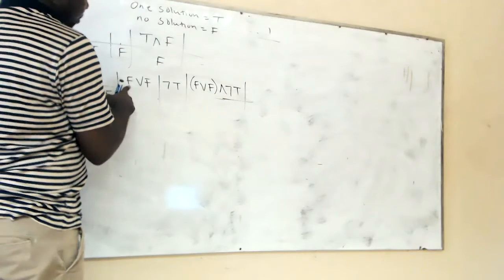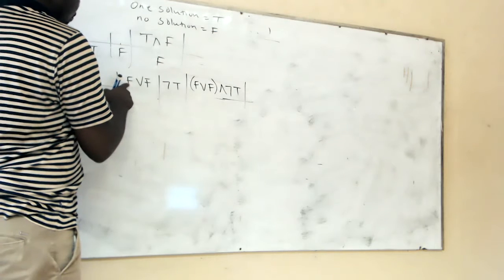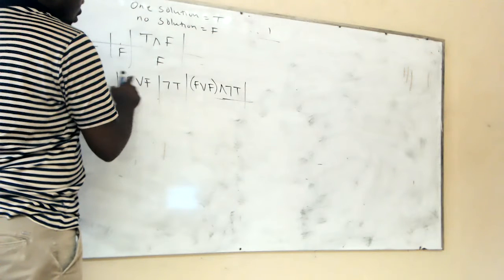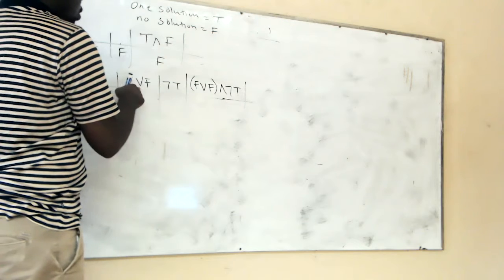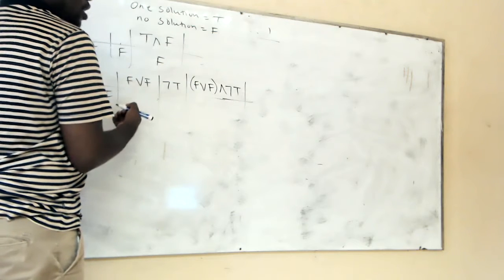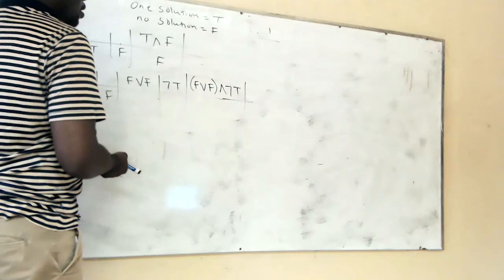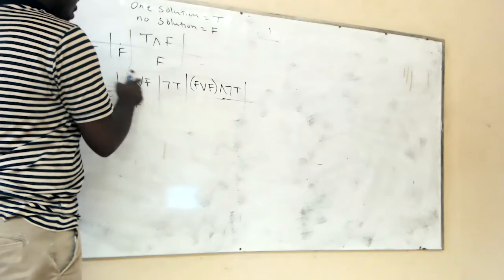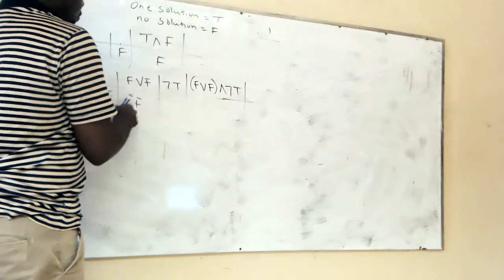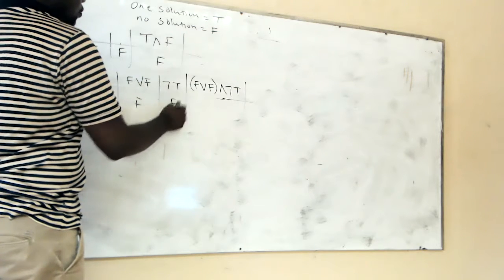So with this, we have false or false. This is AND and this is OR. With OR, if one of the options is true, it's going to be true. But if both statements are false, it's going to be false, like what we have here. So we have false or false, therefore it has to be false. Not true is the opposite of true, which in this case is false.